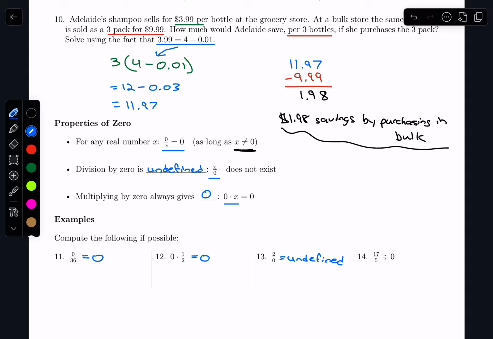And number 14, 17 over 5 divided by 0 is still undefined. So I wrote it in a funny format to try to trick you, but when you have that division by 0, it is always undefined no matter how you write it down. So if at any point in your problems you are dividing by 0, undefined is what we call that.